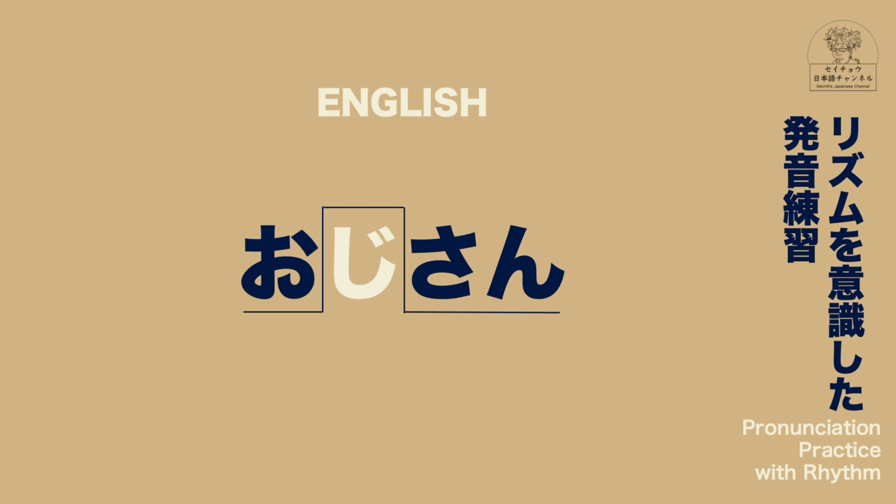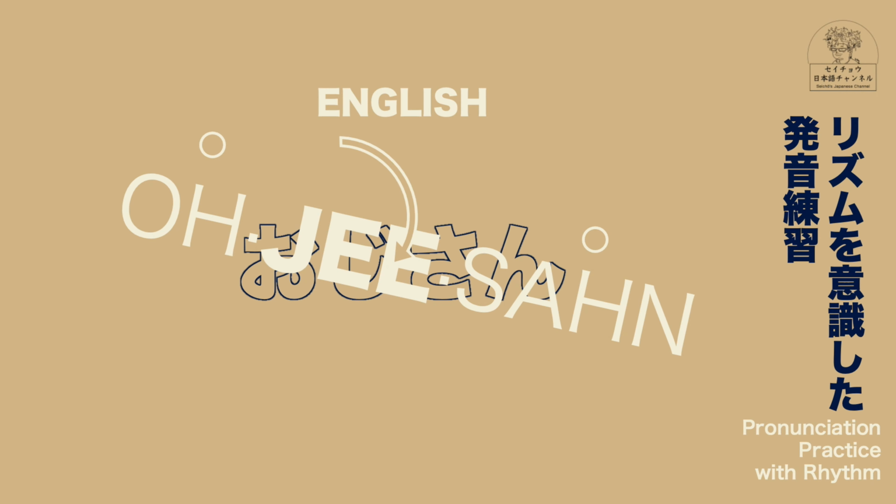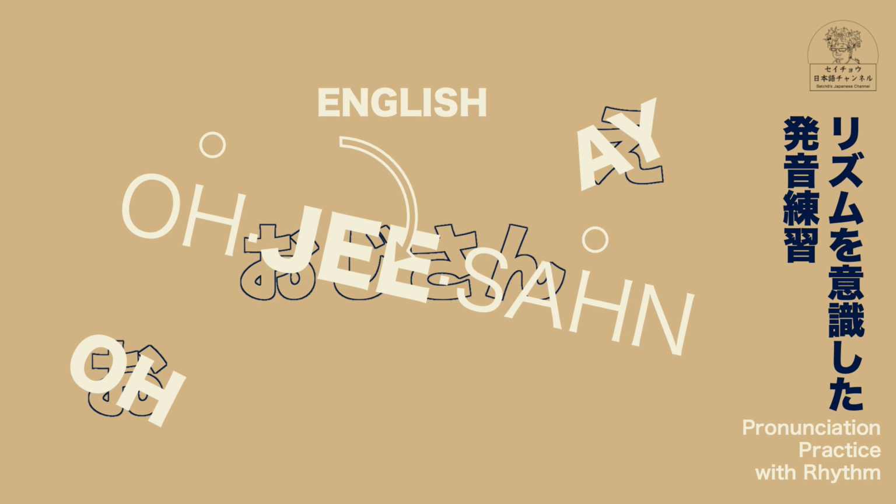Native English speakers naturally treat this syllable like a stressed syllable in English, which makes it sound close to oji-san. In addition, when pronouncing long vowels like e and o, English speakers are often influenced by their native language and unconsciously slide towards o and a.